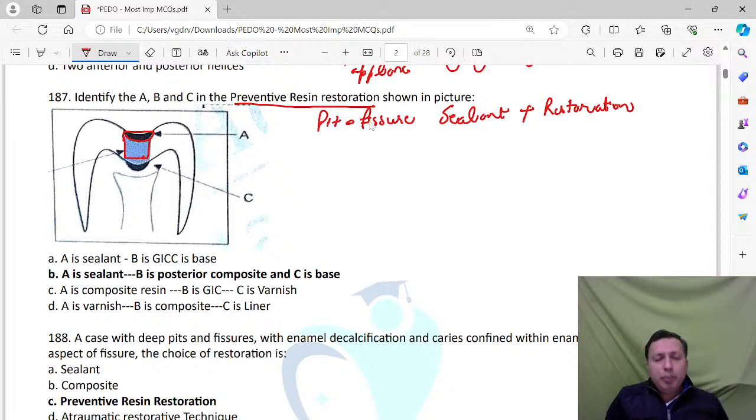Okay, so if you remember, I have told you regarding the pit and fissure sealants and also regarding the preventive resin restoration.